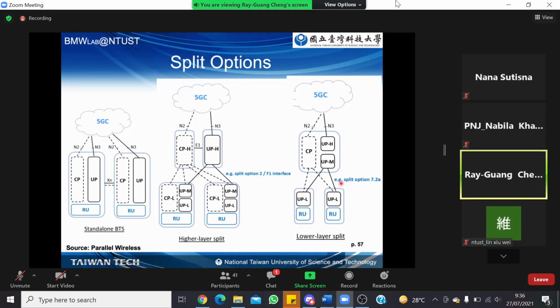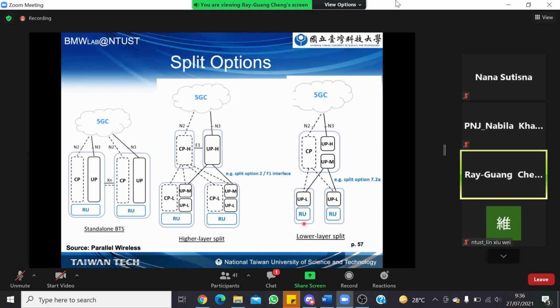In the O-RAN Alliance, they define the lower layer separation. So for example, here is the split 7.2. So this part is CU plus DU. This part is radio unit.